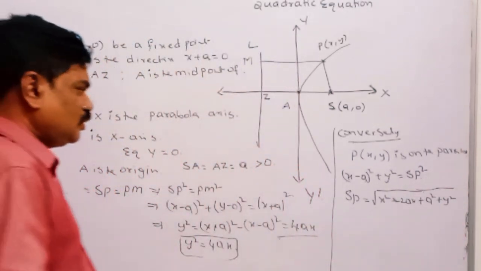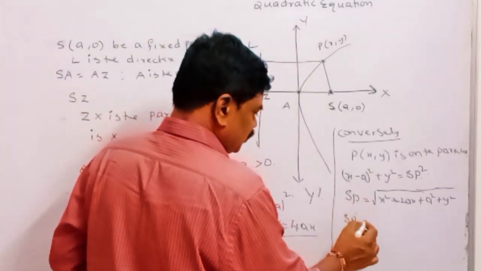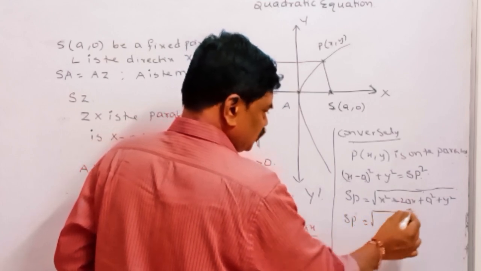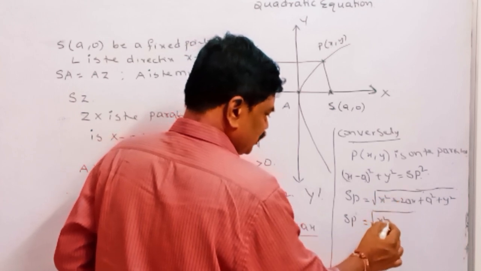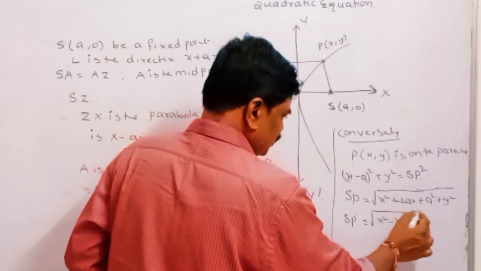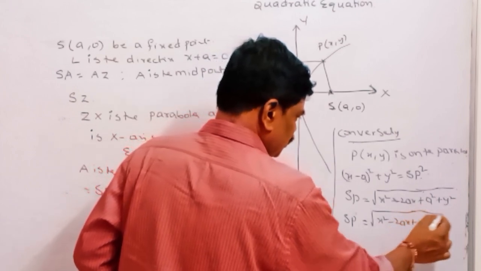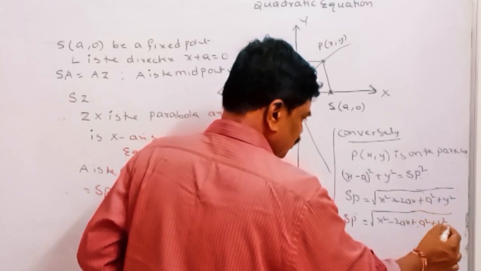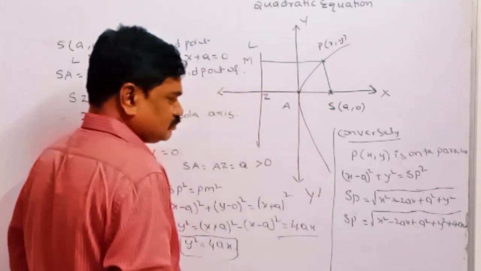Then SP is equal to root over x square minus 2ax plus a square plus y square, and with y square equal to 4ax, this becomes x square plus 2ax plus a square.